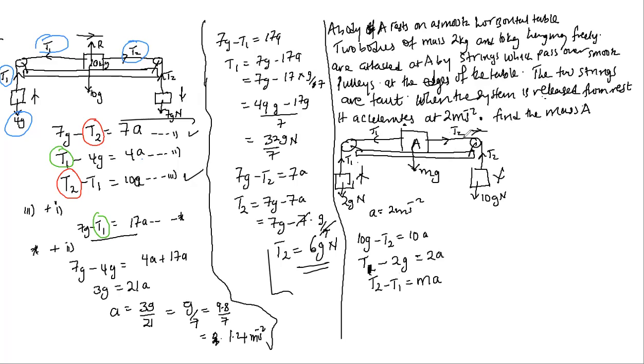We consider horizontal motion, and the resultant force is mass times acceleration. So from these Roman 1 and 2, we can find the tensions. From 1, T2 is equal to 10G minus 10A, and this is going to be 98 minus 20. Why do I say 98 minus 20?